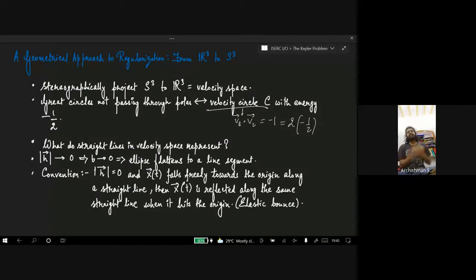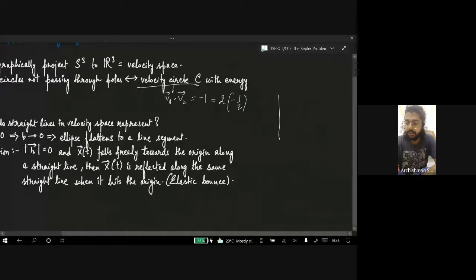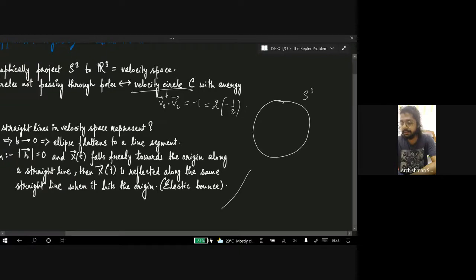On the other hand, we know that a great circle passing through the pole has to map down to straight lines in velocity space. Let me draw what I mean. This is your sphere S3, and this is your R3, and this is the pole.